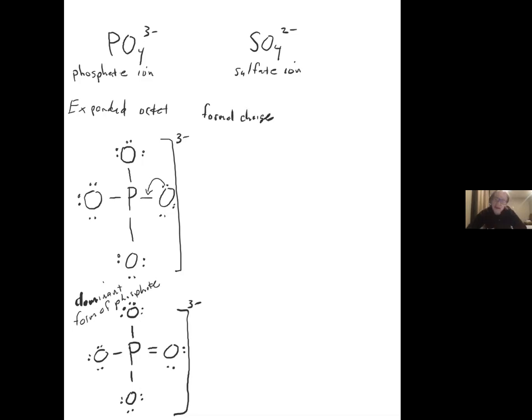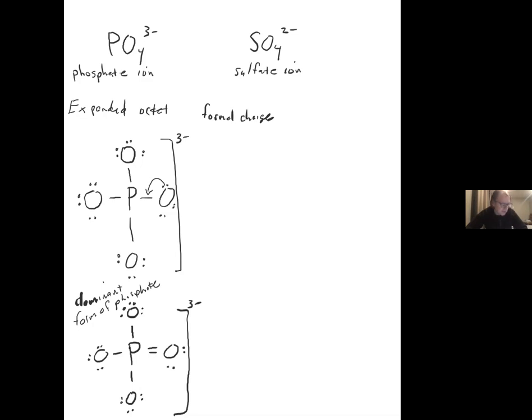So if you have one of those elements that I boxed off in the previous slide, phosphorus, sulfur, chlorine, bromine, iodine, xenon, and it's surrounded by oxygen atoms, what you want to do is immediately say, oh, it's surrounded by oxygen atoms. It's one of those elements. It could have expanded octet. And then you can apply formal charge to test it.